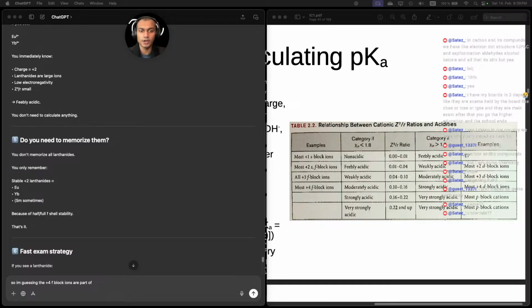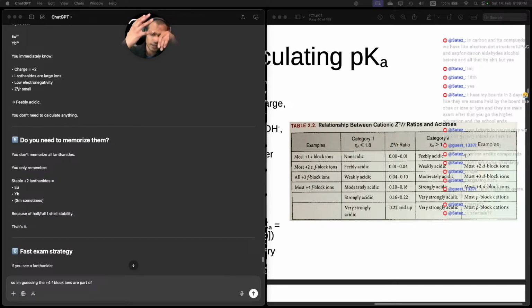In carbon and its compounds, we have electron dot structure, IUPAC, saponification, aldehydes, alcohols, ketones, all that. But yeah, did we have all those in 10th? I don't remember the whole aldehydes and stuff in 10th. Or is it just the number of carbons, like 2 carbon, 3 carbon? What was 3 carbon?